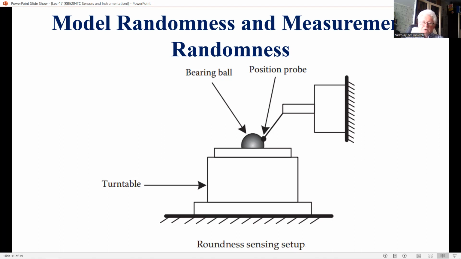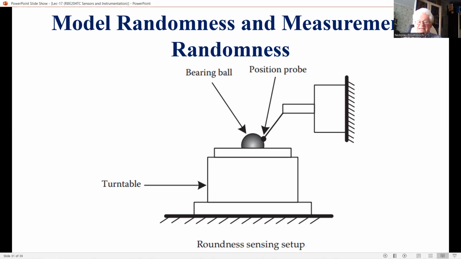As the turntable rotates, the probe moves according to the outer profile of the ball, and the probe movement is sensed using a differential transformer and recorder. The maximum deviation of the ball diameter is measured in this manner.